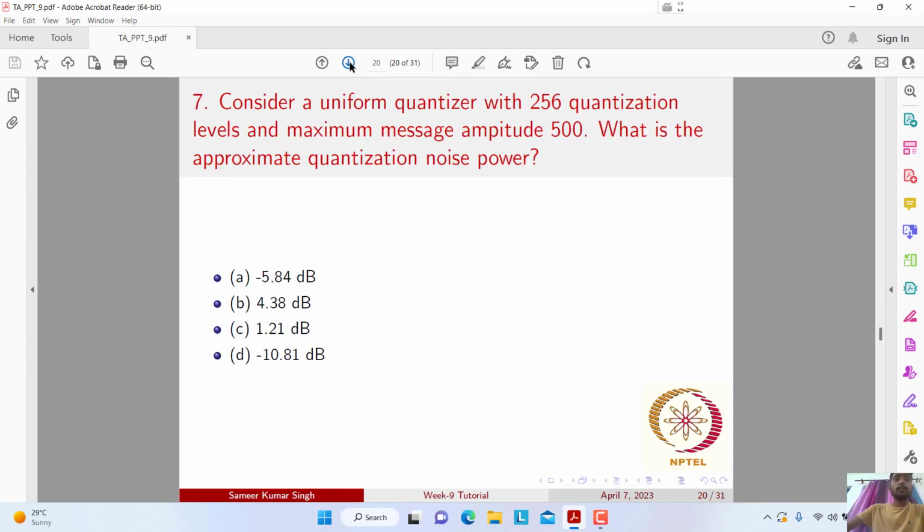Question number 7: consider a uniform quantizer with 256 quantization levels and maximum message amplitude of 500. What is the approximate quantization noise power?